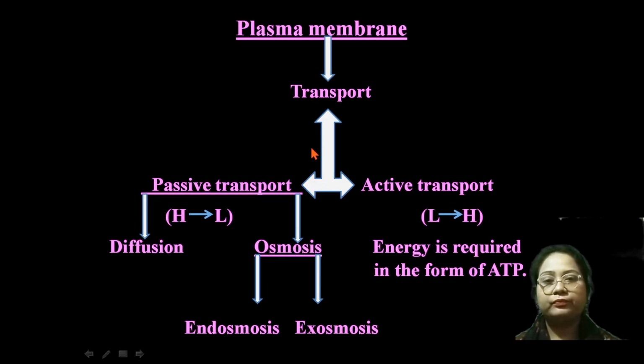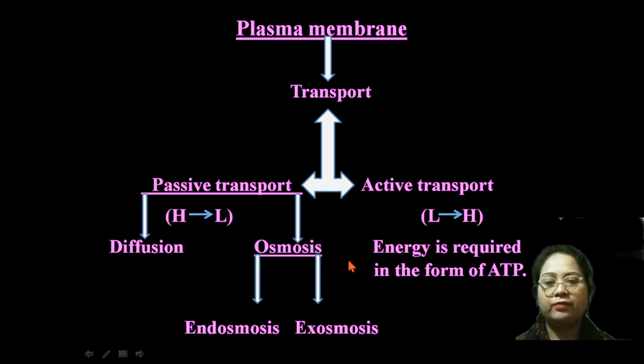What type of transport occurs through the plasma membrane? The types of transport are divided into two. One is passive transport, and the other one is active transport. Under passive transport occur diffusion and osmosis.